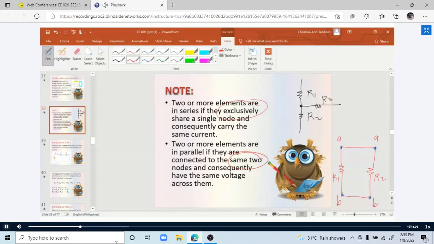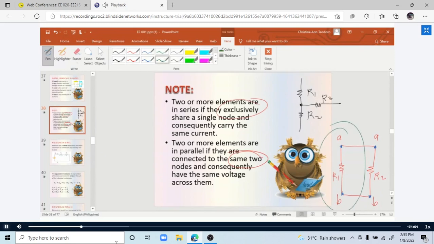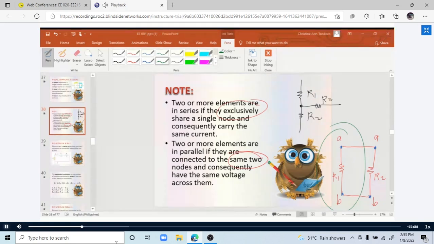Okay? And if we are going back onto the second reminder, two or more elements are in parallel if they are connected to the same two nodes. Okay? If we are going to take a look at R1, R1 is connected in what node? A and B. What about R2?